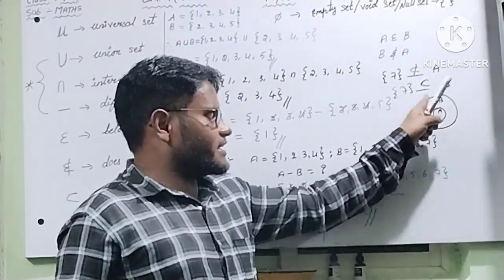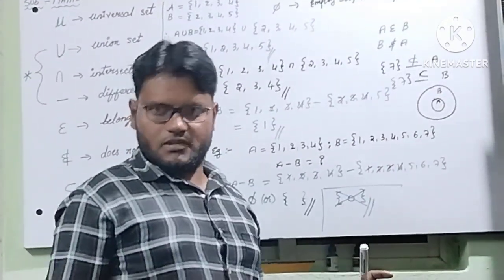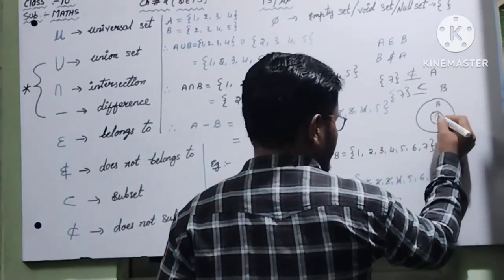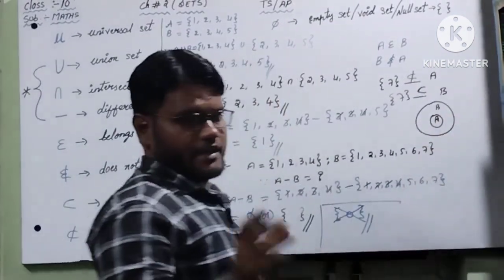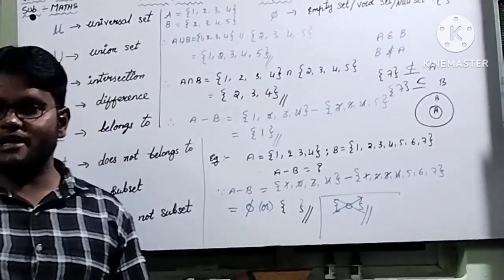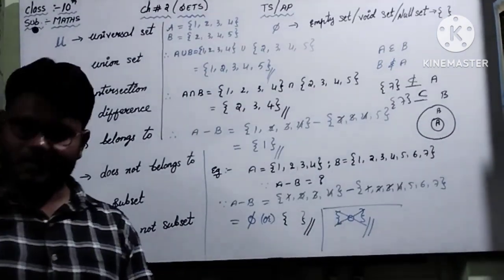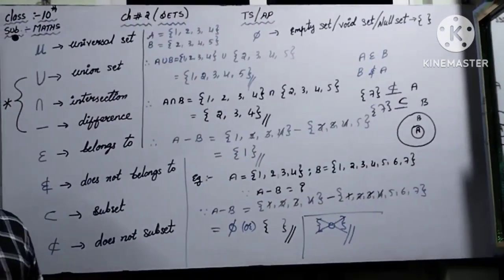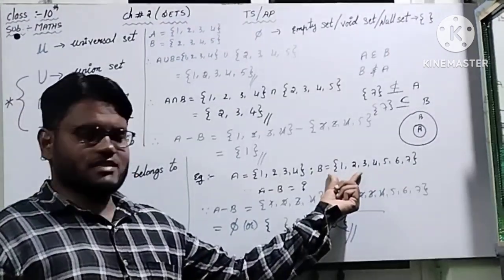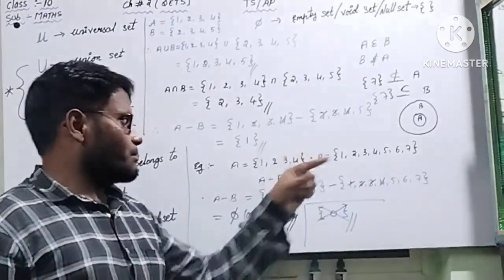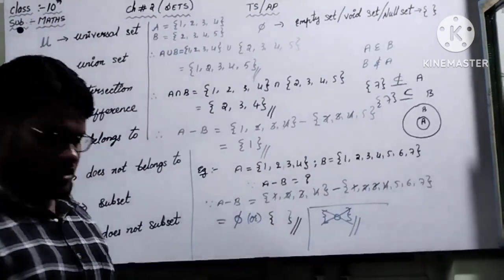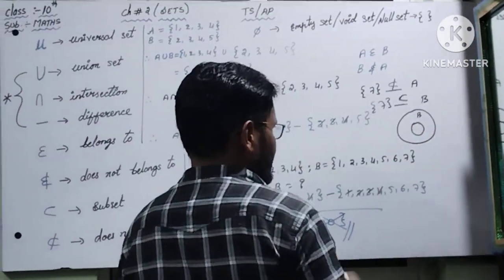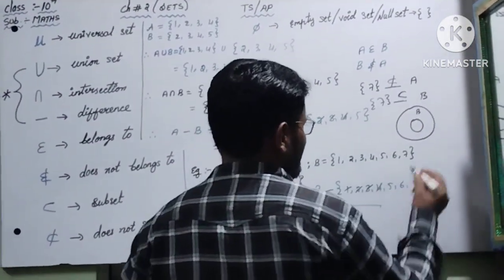Yes, this A is in B. A is in B, but B is not in A. So B is the superset of A, because B has these elements 1, 2, 3, 4, 5, 6, 7, but A has only 1, 2, 3, 4.